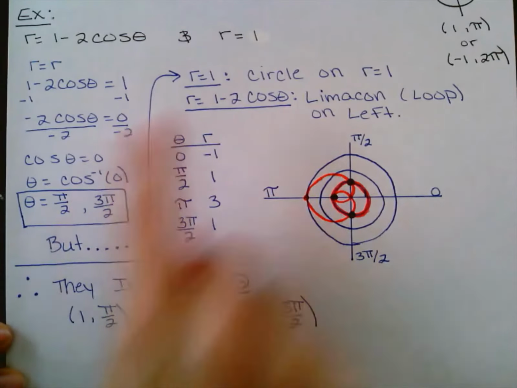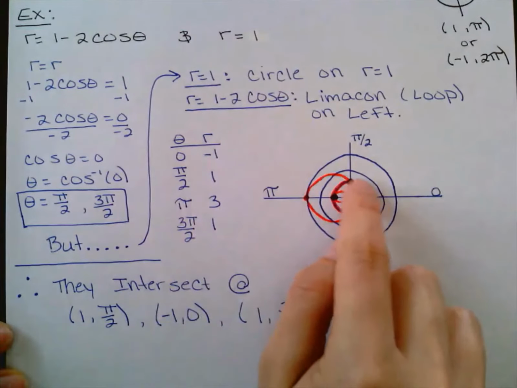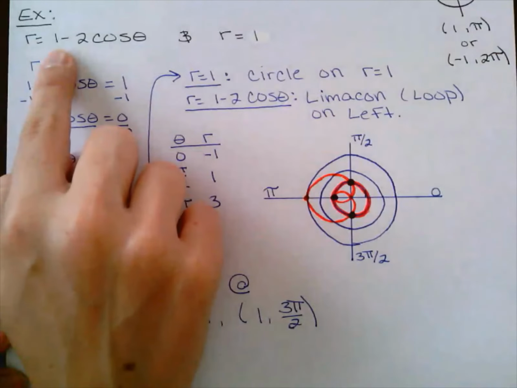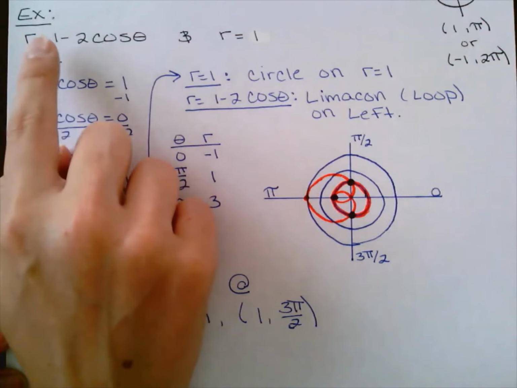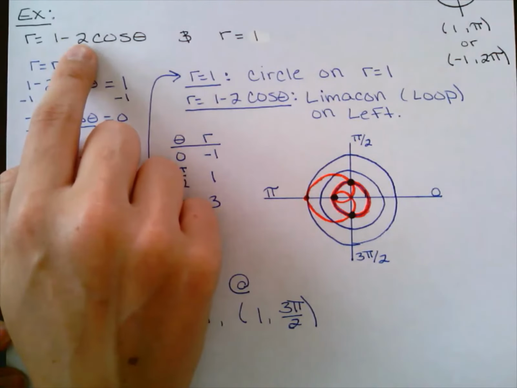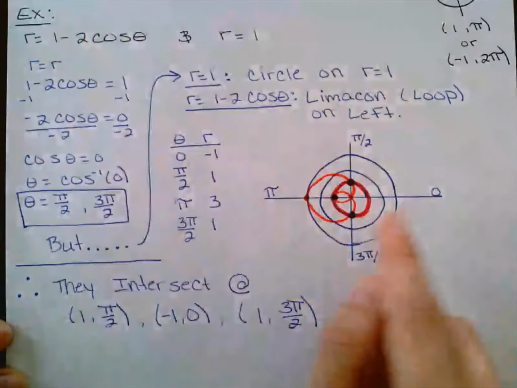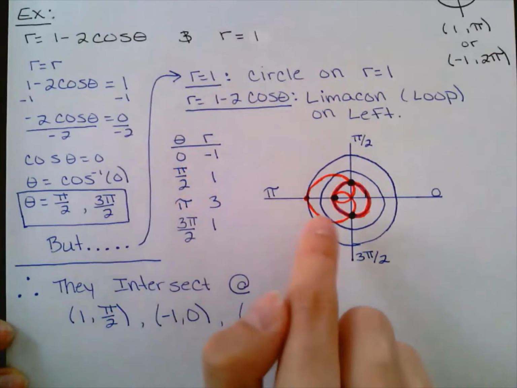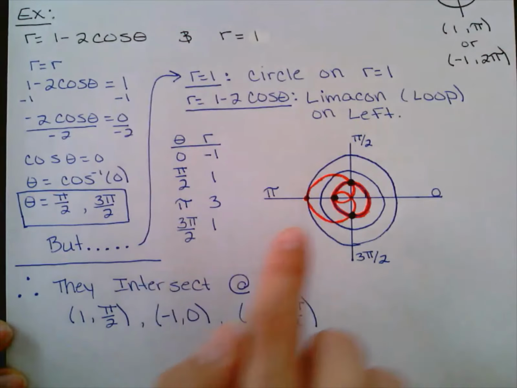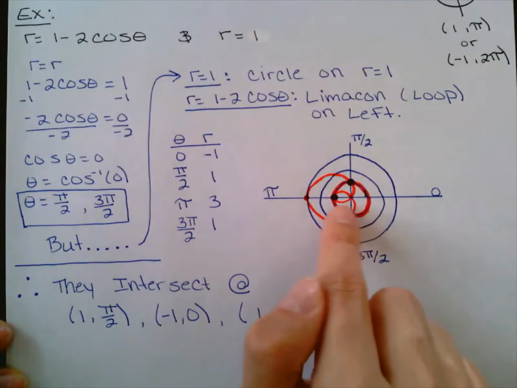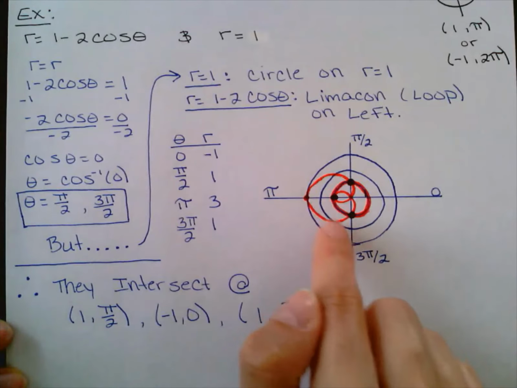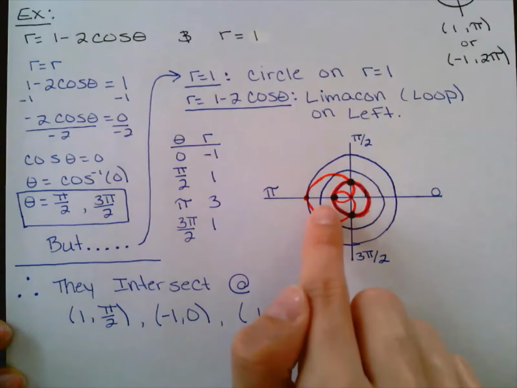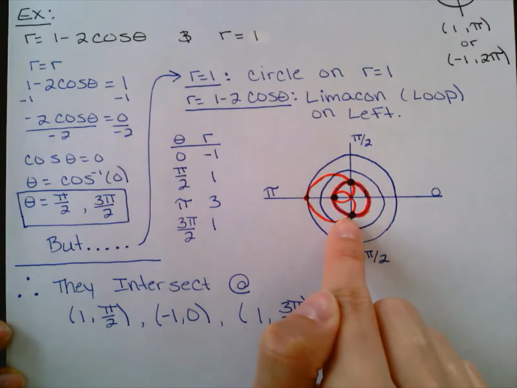But if I know my graphs, I know this is a ring around 1, and this is a limaçon. Negative cosine means majority left. The ratio of A to B, 1 over 2, means there's a loop. Okay, so if I draw that and I sketch a few points, I can see where the limaçon lands. I know exactly where my circle lands, but I do a few points on my limaçon and I can see that it intersects in 1, 2, and 3 different points.